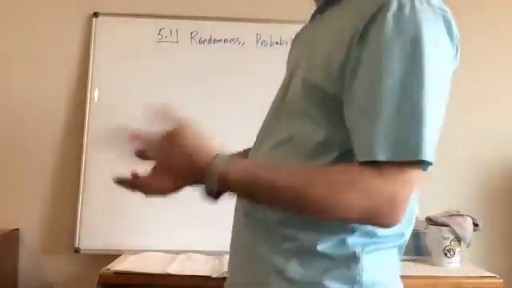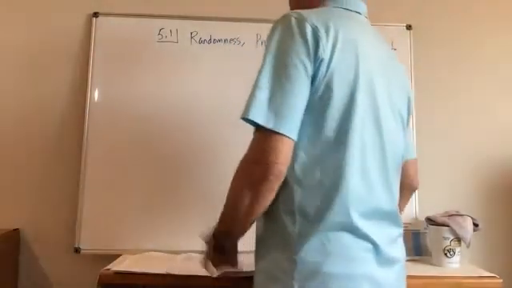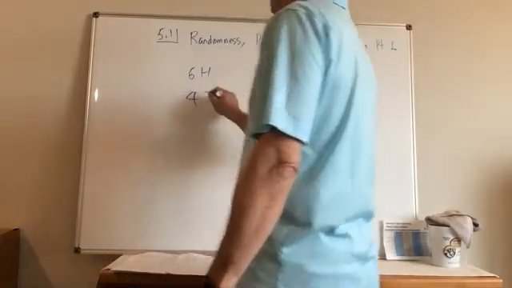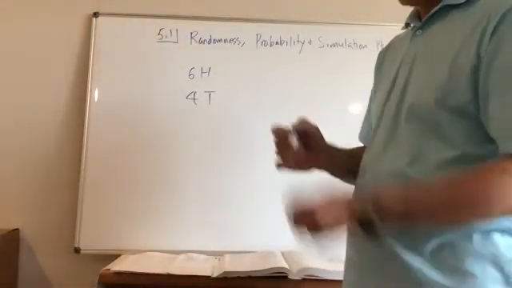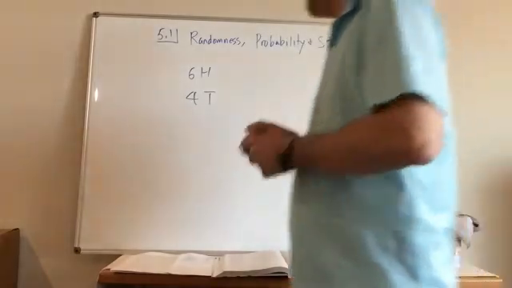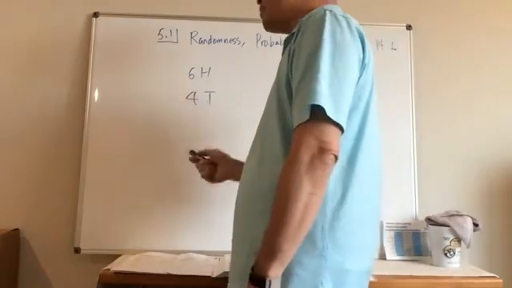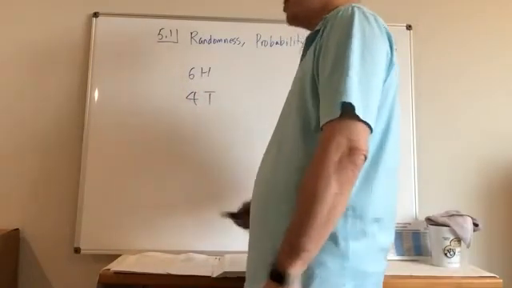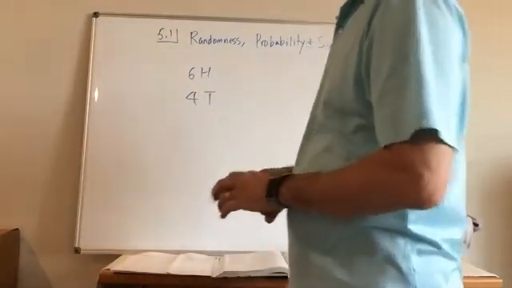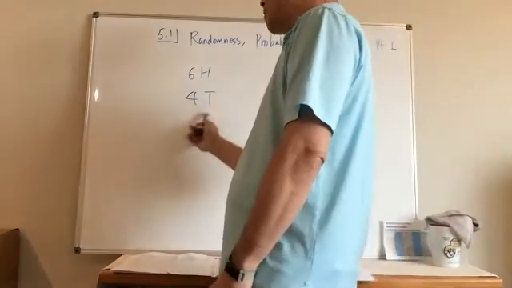If I flip the coin 10 times and I got 6 heads and 4 tails, that means to me that the probability of getting a head is 6 out of 10, which is 60%. And the probability of me getting a tail is 40%.